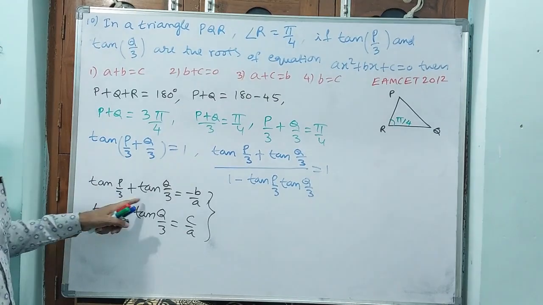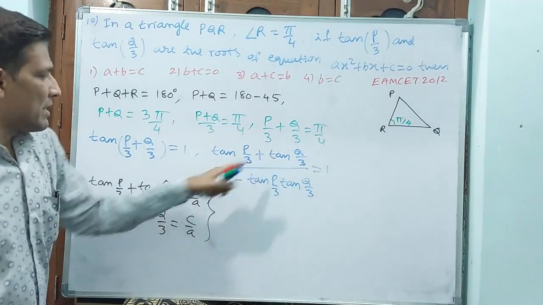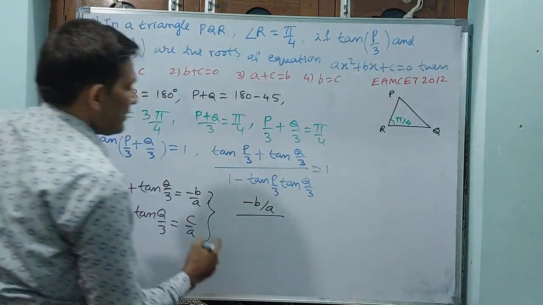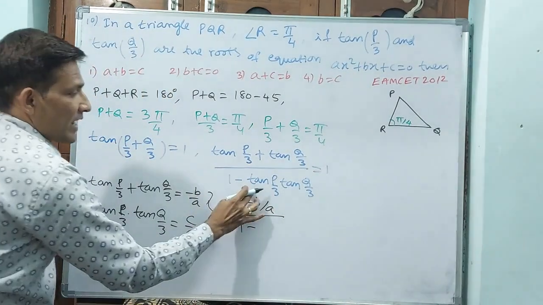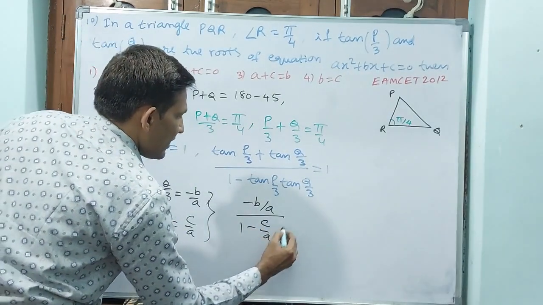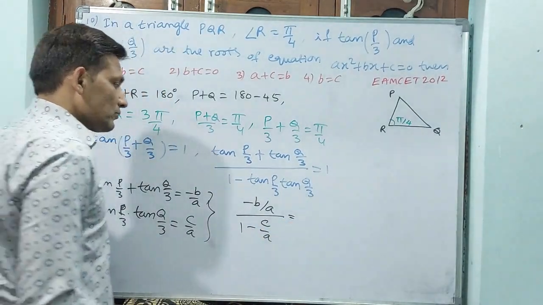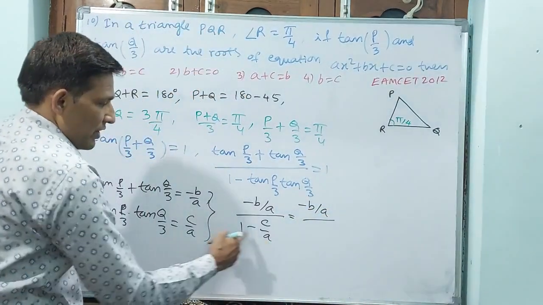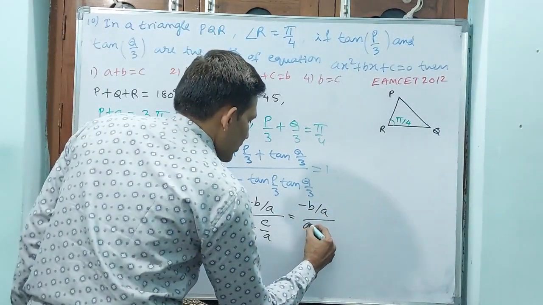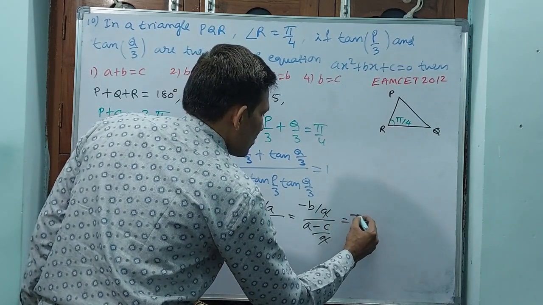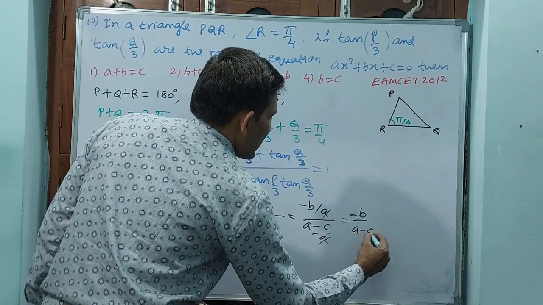Tan of P by 3 plus tan of Q by 3 means minus B by A, divided by 1 minus tan of P by 3 into tan of Q by 3, which means C by A, that is equal to 1. This numerator, minus B by A, keep like this only. You see, the A in the denominators is going to get cancelled out: minus B by A minus C is equal to 1.